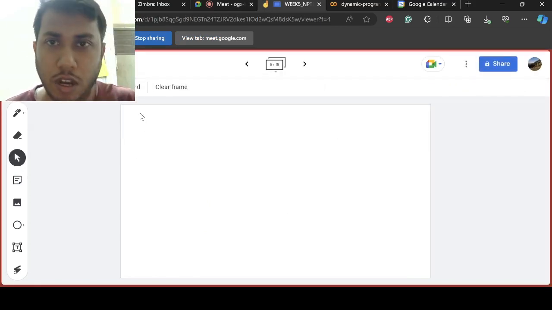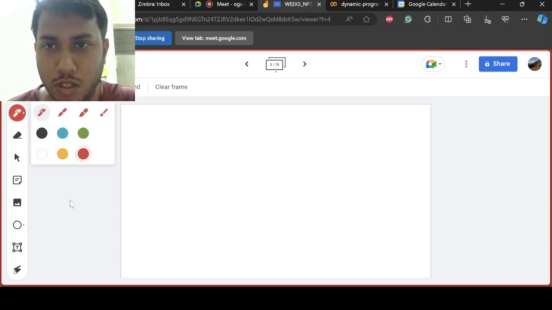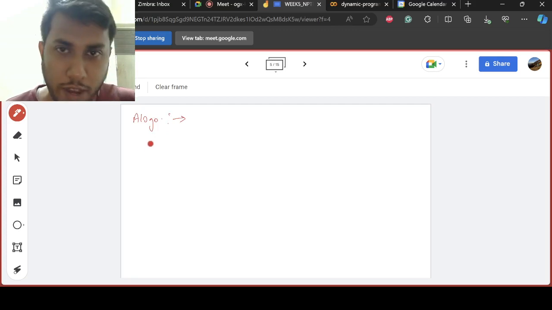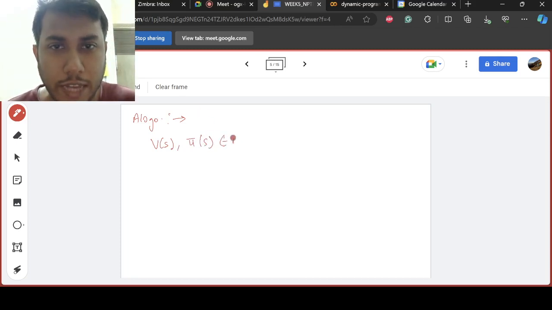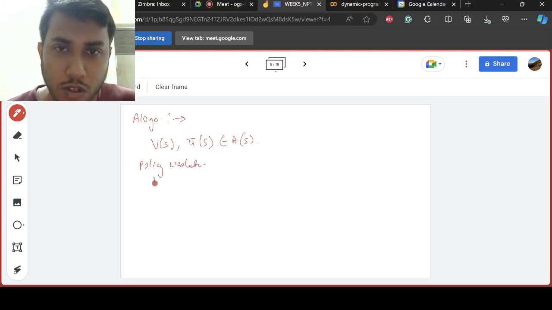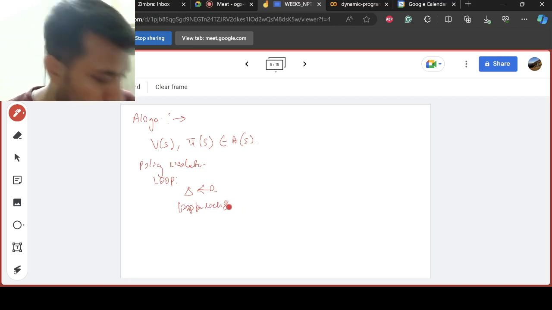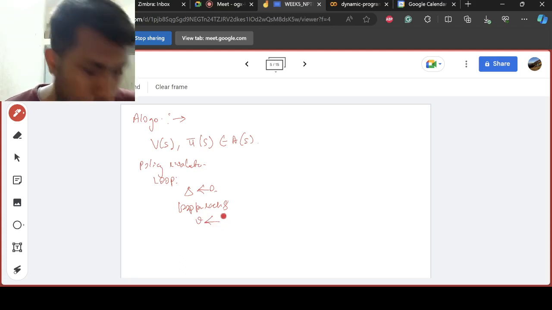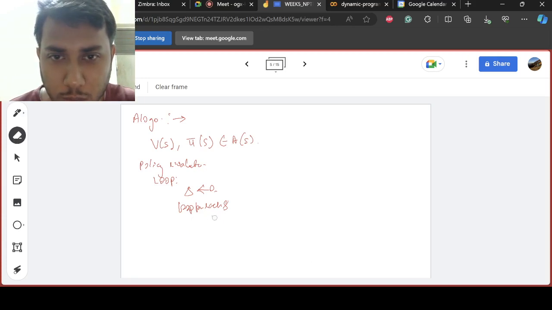So what does the algorithm say? You have a v of s and a pi for each state, where pi of s is basically your action at s. Now for policy evaluation you loop: delta is 0, loop for each state s.